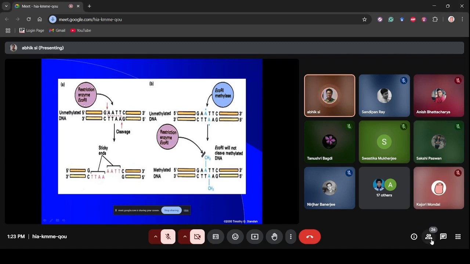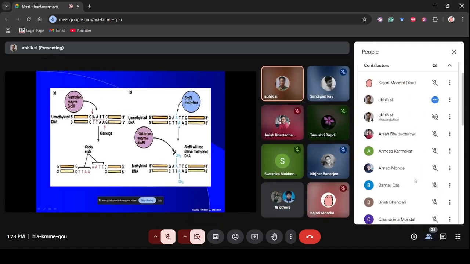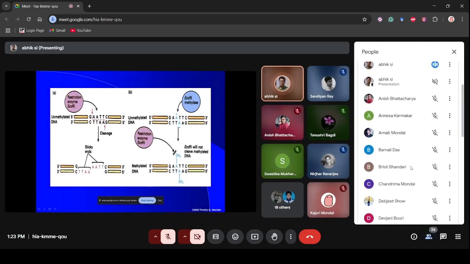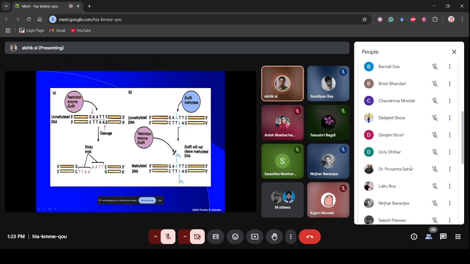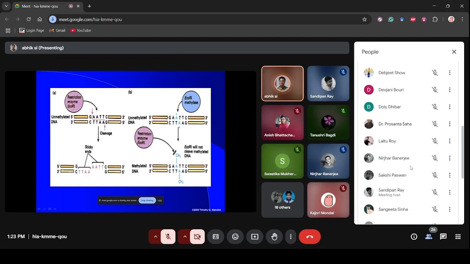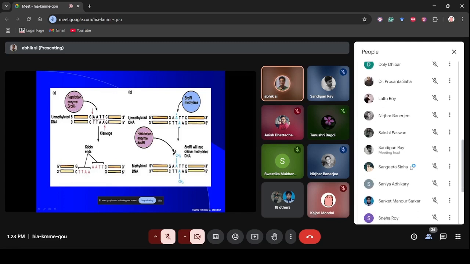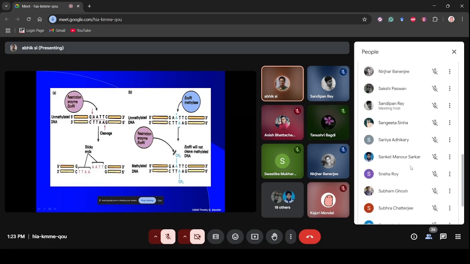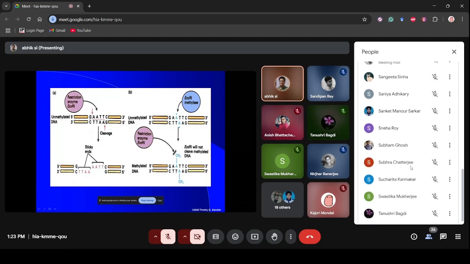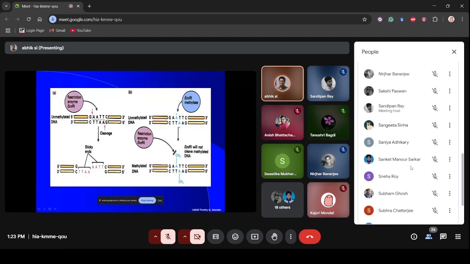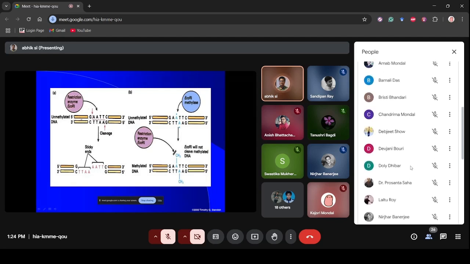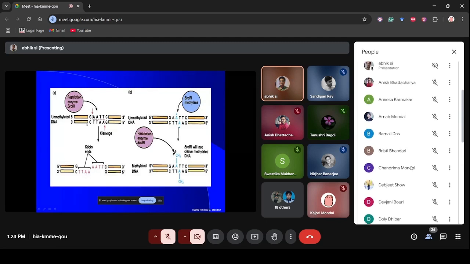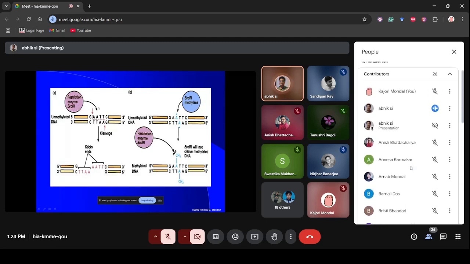That does not mean E. coli only produces EcoR1; it can produce other restriction endonucleases also. But EcoR1 can recognize the sequence GAATTC. If this sequence is present in the viral genome, then the enzyme binds here.